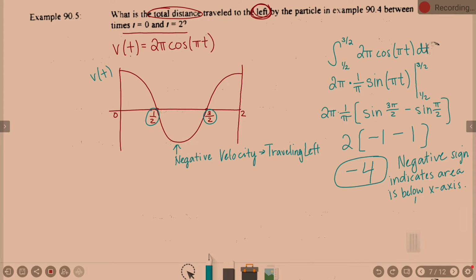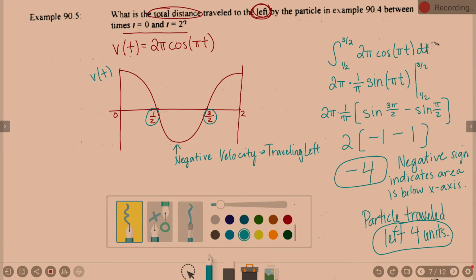What is my eraser doing here? Okay. I'm trying to say particle traveled left 4 units. Okay. That -4 indicates left 4.